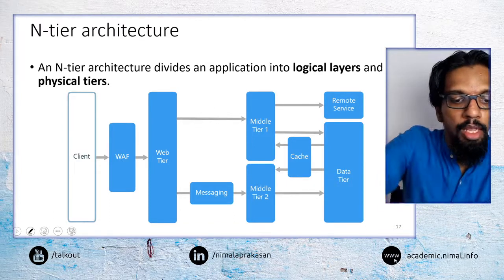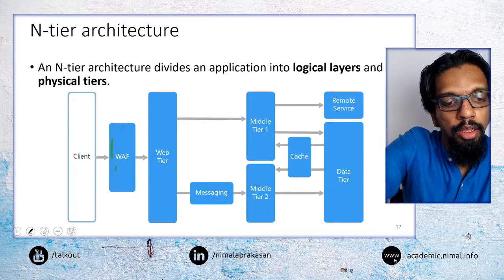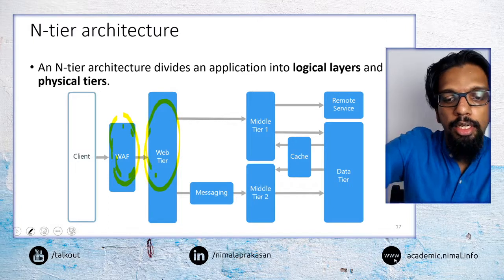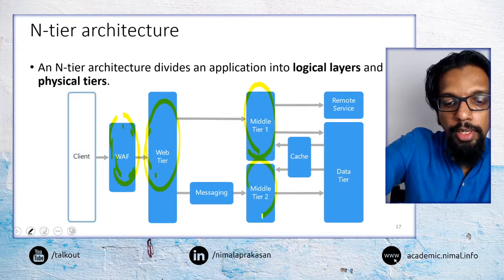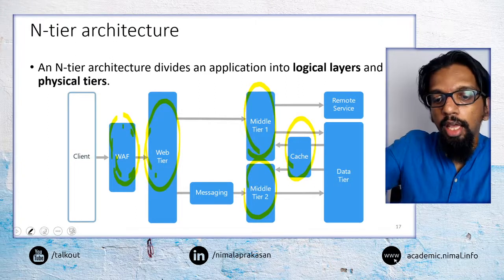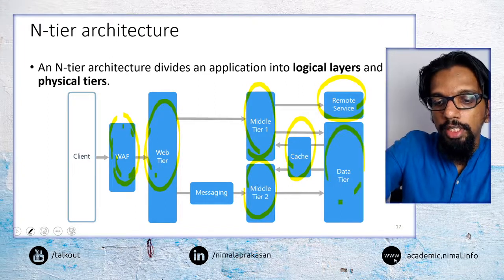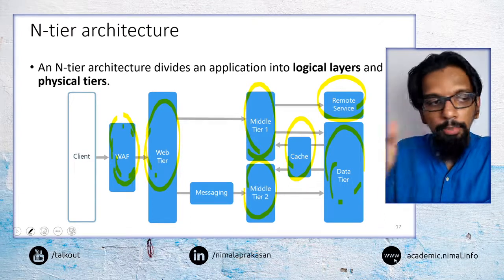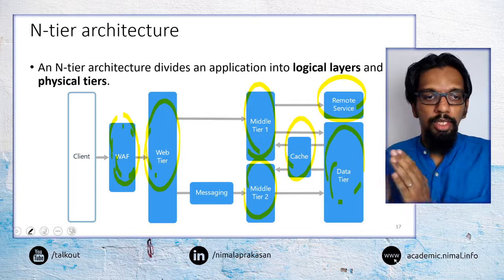For example, we can have a web access layer first, then a web tier. We can have multiple middle tiers doing different things. We can have a cache layer, and then we can have remote services, a data tier, and so on. So we can have multiple layers doing multiple things.